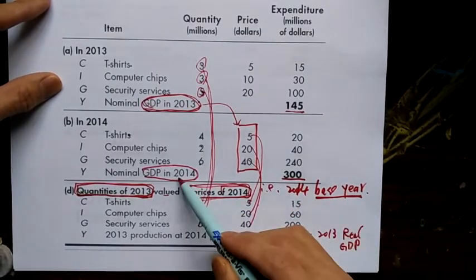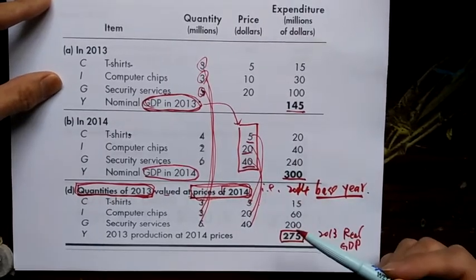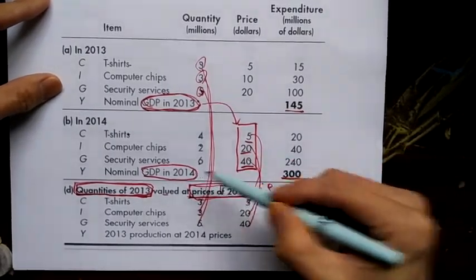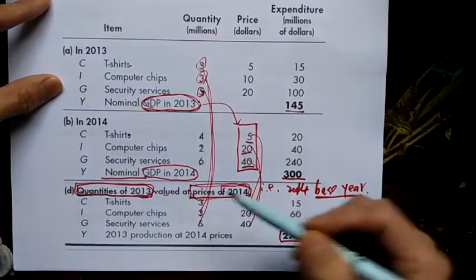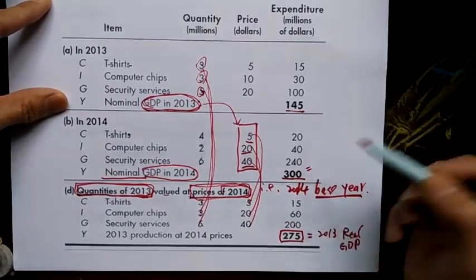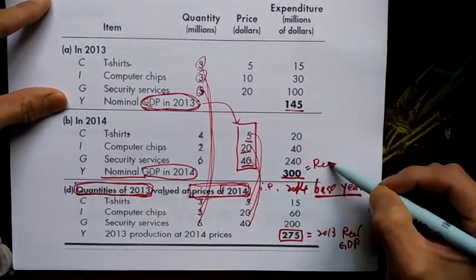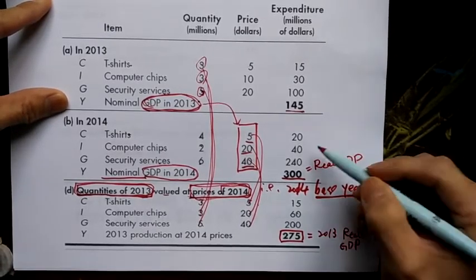What is the base year? 2014. So it's exactly this one, and this one. So again, as you can see, in the base year, the calculation of nominal GDP is the same as the calculation of real GDP. Therefore, in the base year, real GDP is equal to the nominal GDP.